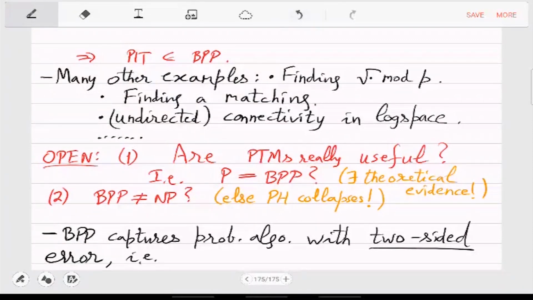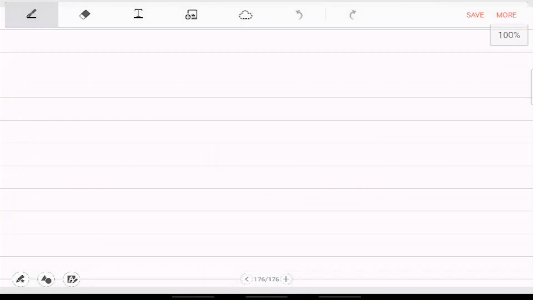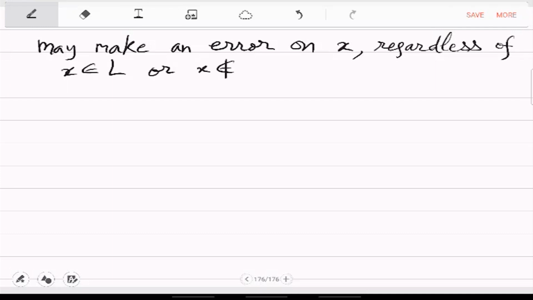That is, if a PTM M decides L, then it may make an error on x regardless of whether x is in L or x is not in L.